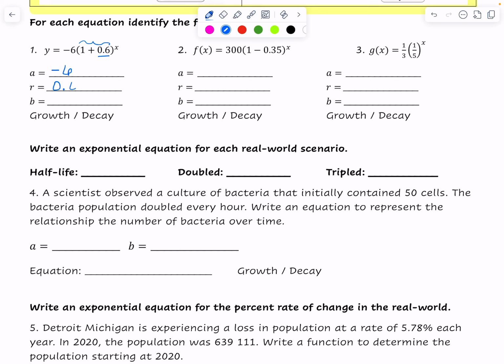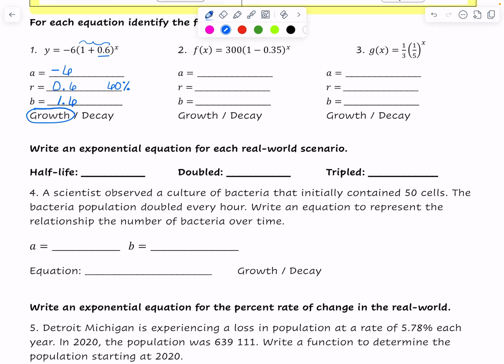And since percents are not negative, the decimal form of that percentage is also not negative. So 0.6 represents or is equivalent to 60%. Now, when I add those two together, 1 plus 0.6, that gives me 1.6. That's my B value. That's greater than 1, so that is going to be a growth.